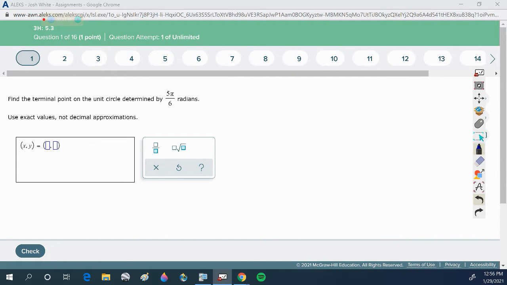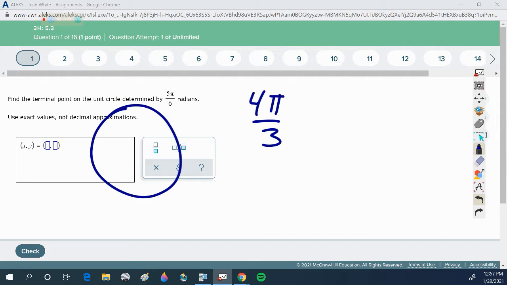What about 4 pi over 3? What quadrant are we in? We're in quadrant 3, and it's one of these three angles. Which one is it? So we're doing thirds. 1/3, 2/3, 3/3, 4/3. Right there.